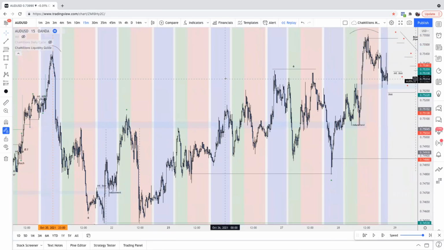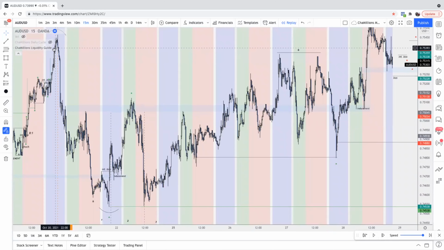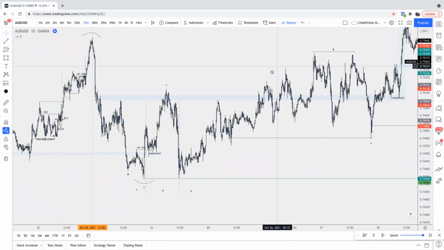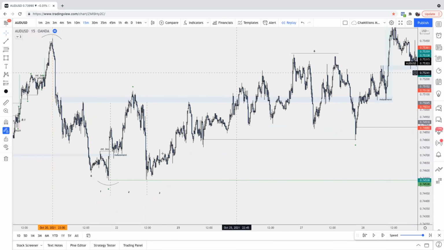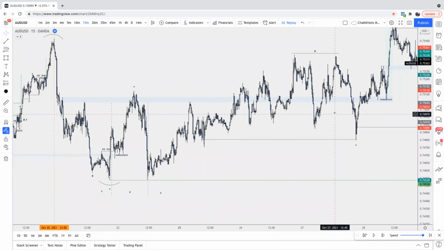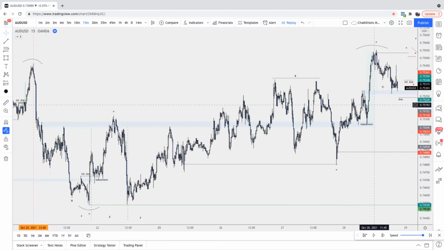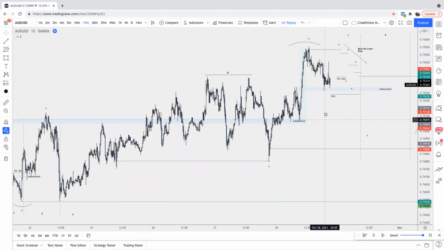Now, so that is pretty much how my thought process of this expansion phase was that, post this move here and price actually takes this high.